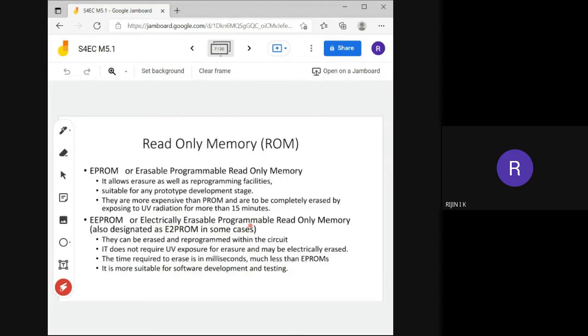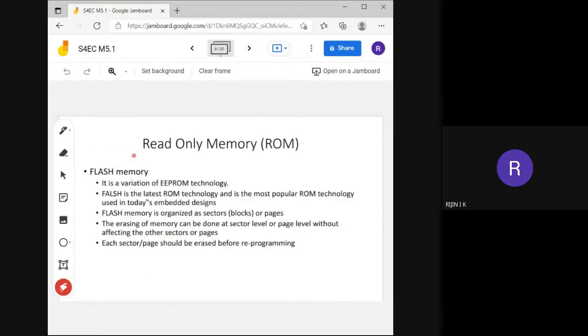After erasing the content, we can reprogram it. The time required to erase is milliseconds, which is much less than EPROM, and it is also more suitable for software development and testing.